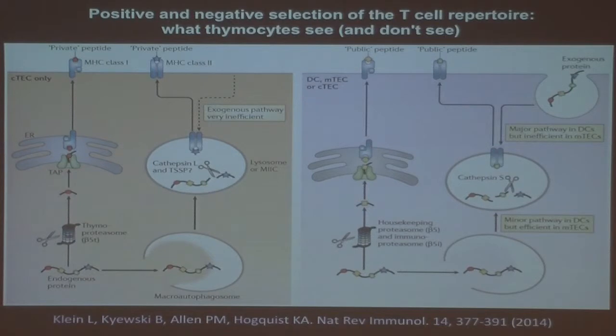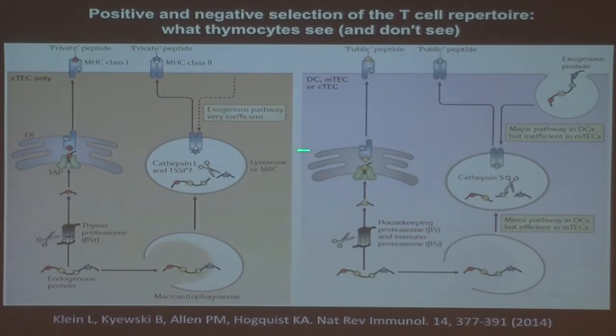This is a famous T-cell researcher in Germany, and Hogquist in the United States; they just reviewed this two months ago and addressed the importance of the thymoproteasome in positive selection.